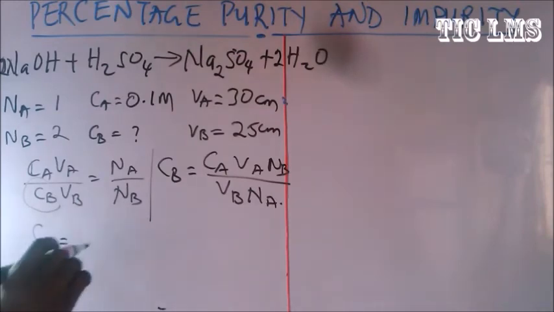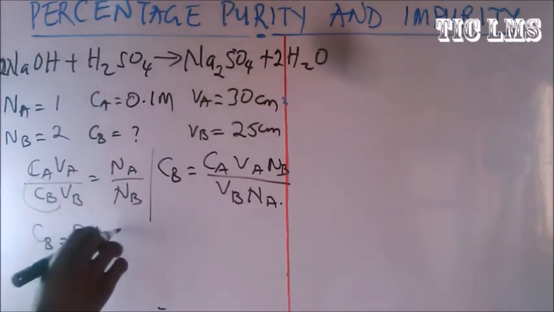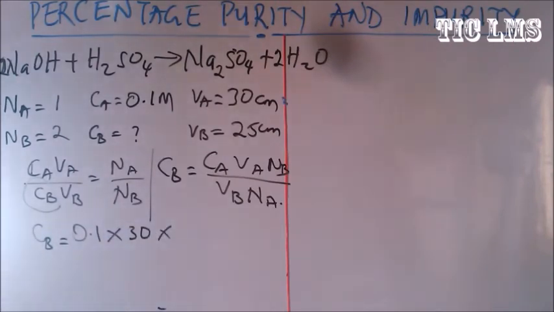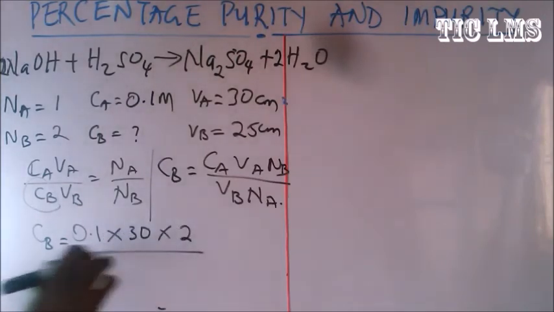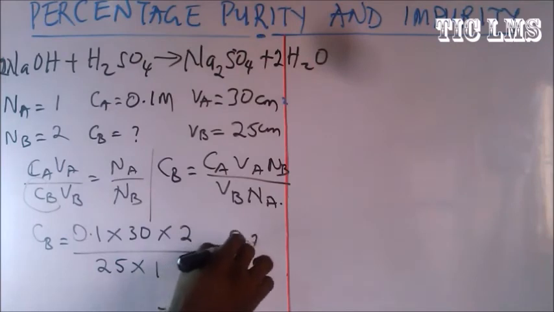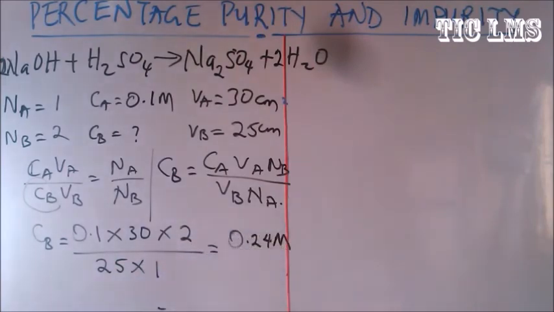So CB equal to concentration of acid is 0.1, volume of acid in this question is 30 cm cubed, and number of moles of base we have it as 2 over volume of base in this question is 25 multiplied by the number of moles of acid is 1. Alright, so with all this we calculate this and we'll have 0.24 molar. Here is the number of moles of the base. So we've gotten Roman figure 1, that's the first part of the question.